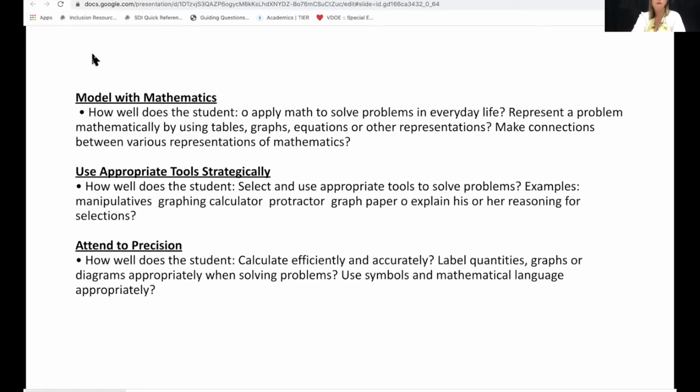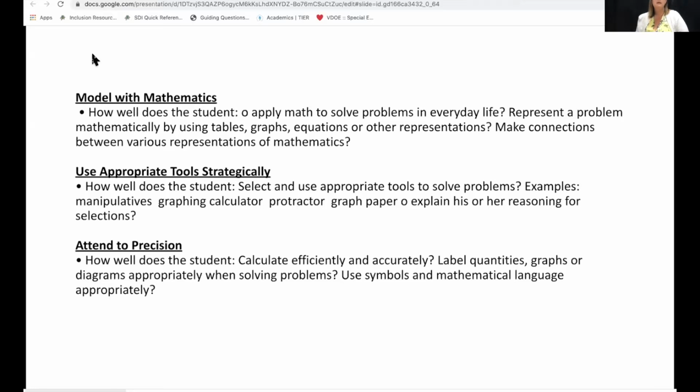And then, of course, using appropriate tools. Many times our students can't apply that. And it's kind of like when you hand them a chart and you say, these are, and I love this because when we do testing, they provide that wonderful chart that's got all those formulas on it, but our kids don't know how to use it.